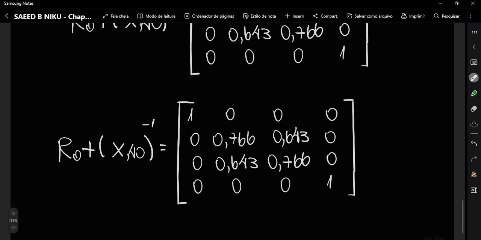And if you do this, we will see that we are left with the following matrix. Okay?